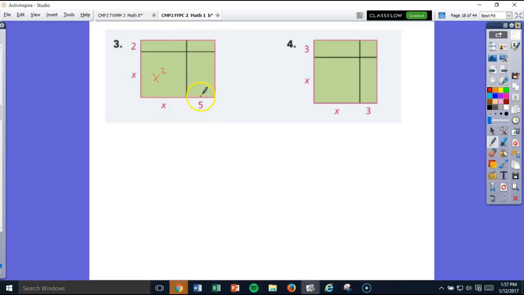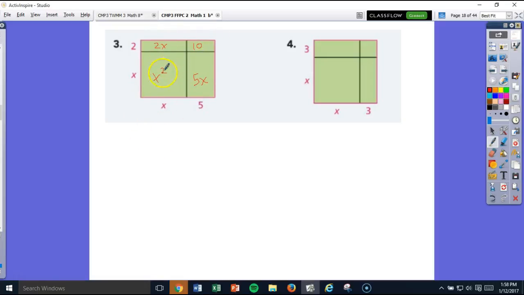On this one, we have a length of 5 and a width of x, so our area is going to be 5x. Up here, we have a length of 5 and a width of 2, so 5 times 2, this area is going to be 10. This one, up in here, we have a width of x and a length of 2, so this is 2x. So now we need to add all of these together to get the total sum.